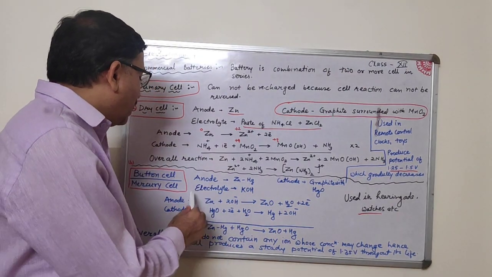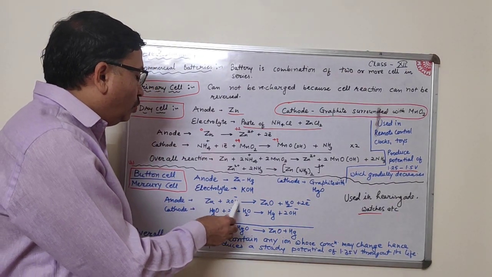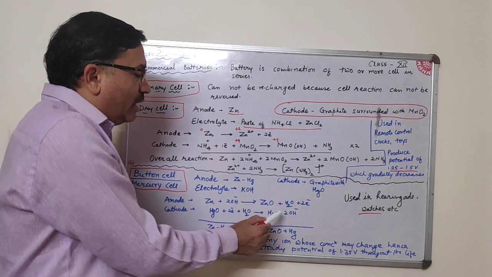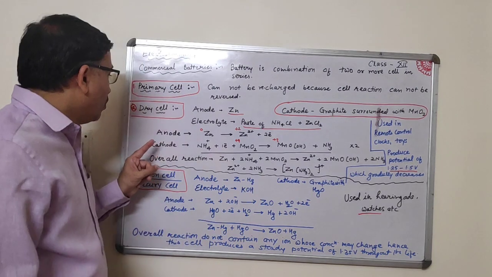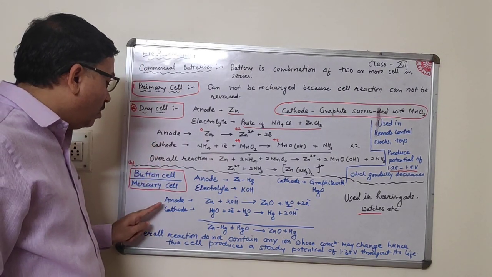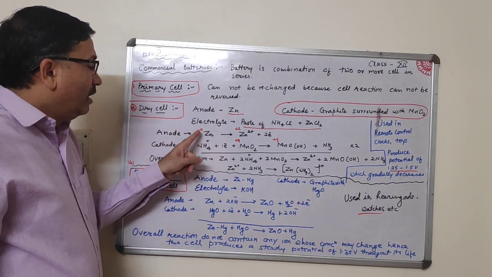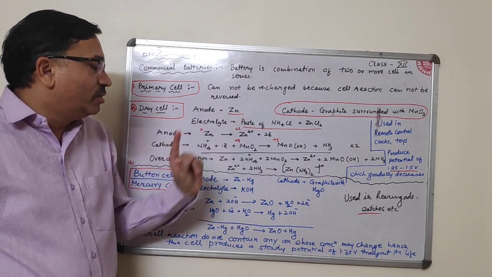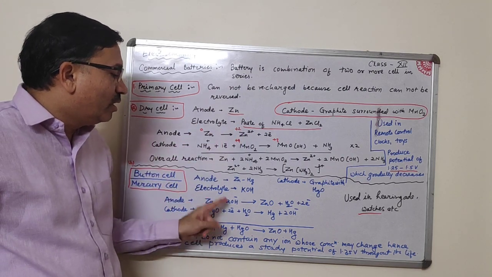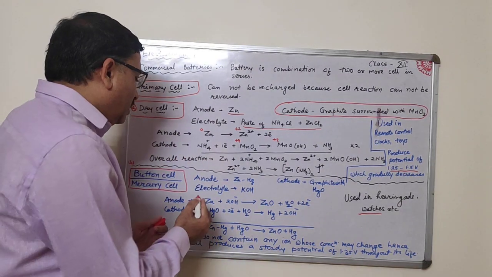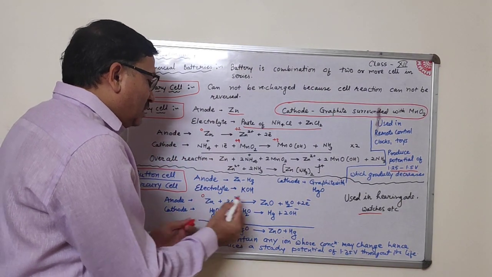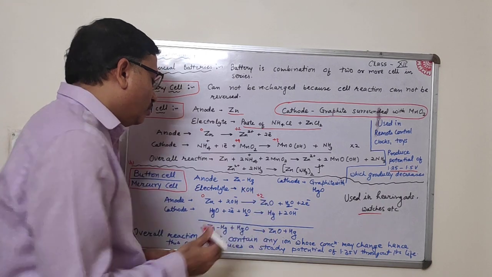So what happens at the anode? Zn plus 2OH minus converts into ZnO plus H2O plus 2 electrons. Now compare this with the anode reaction of the dry cell. In the dry cell, zinc was converted to Zn2 plus. Here zinc is converted to ZnO, forming a compound, and the oxidation number again changes from 0 to plus 2.